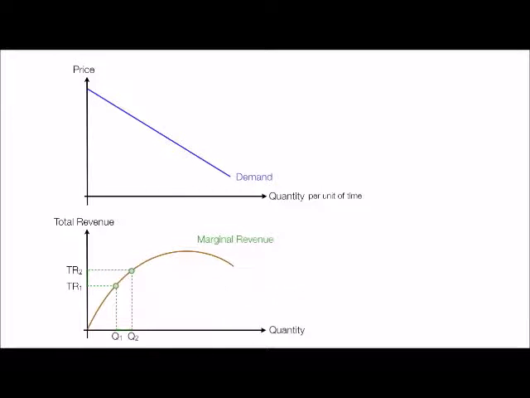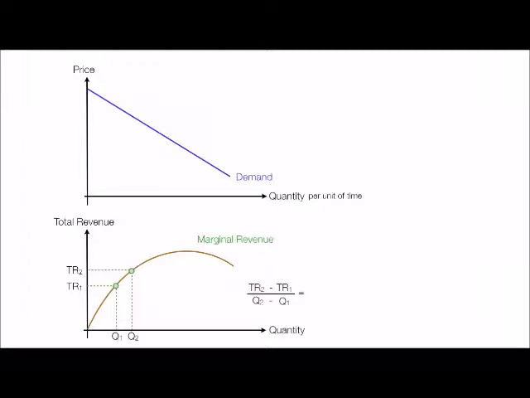So I take total revenue 2 for my second quantity minus my first total revenue 1, divided by the second level of quantity, or Q2, minus Q1, the first level of quantity.